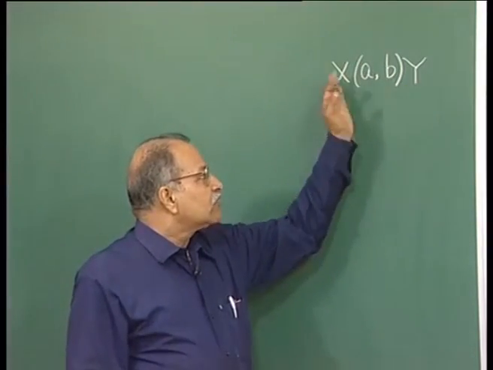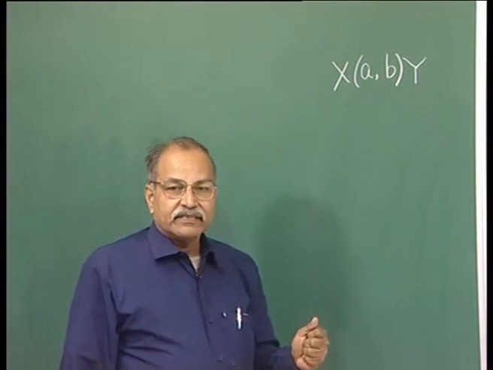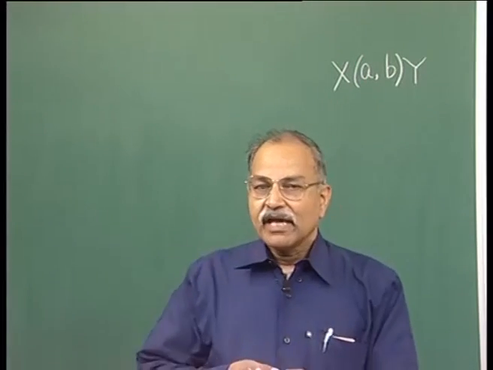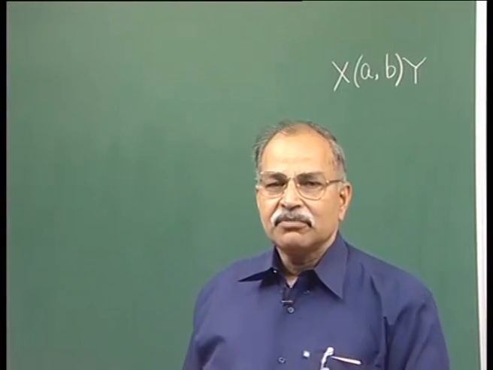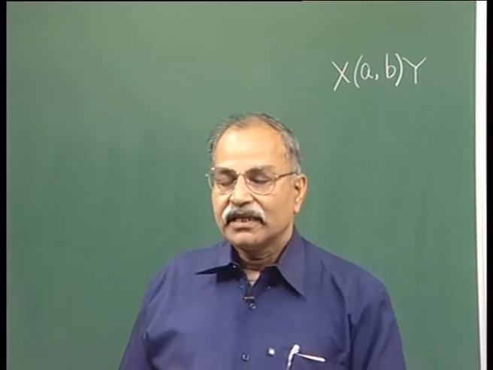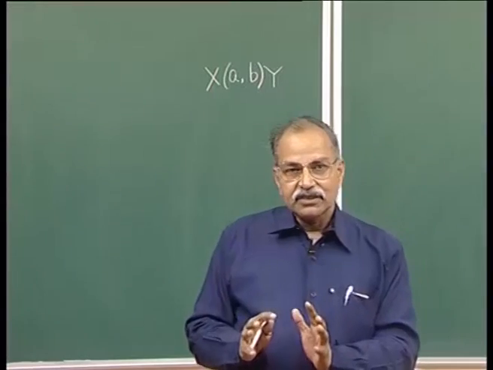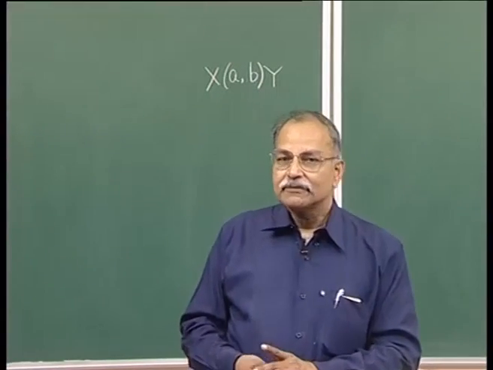Now, scattering can be elastic scattering or inelastic scattering. In elastic scattering, you have this particle coming in and then going out, and the total kinetic energy before the event and after the event are the same. That normally happens when you have a low energy charged particle falling on the nucleus.